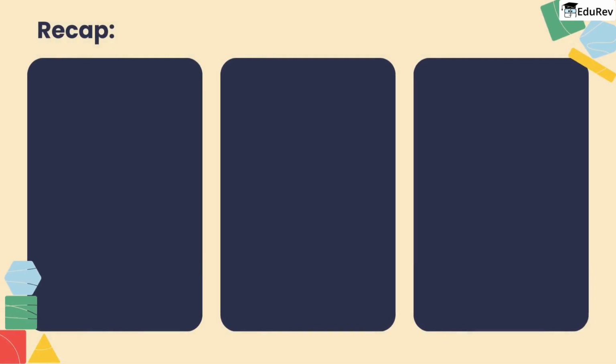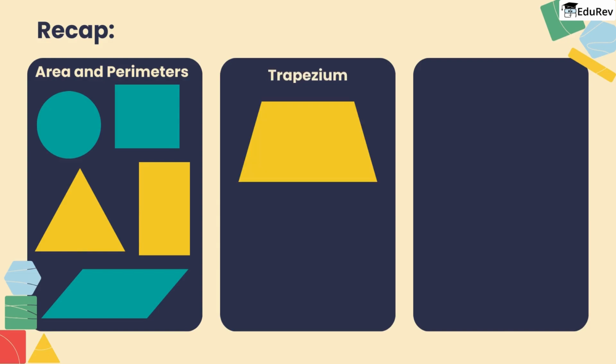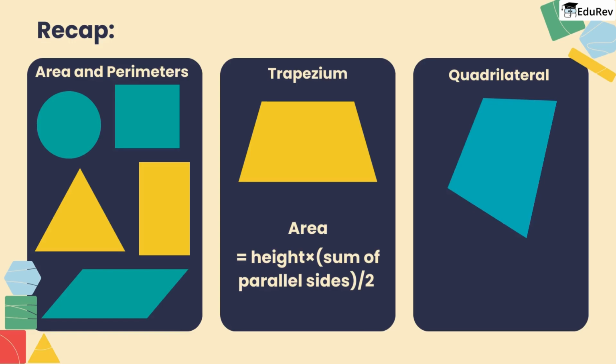Let us now have a brief recap of what we have studied so far. We revisited fundamental shapes, reviewing their respective areas and perimeters. Subsequently, we delved into deriving the formula for calculating the area of a trapezium. Additionally, we explored methods for determining the area of a quadrilateral and derived its formula.